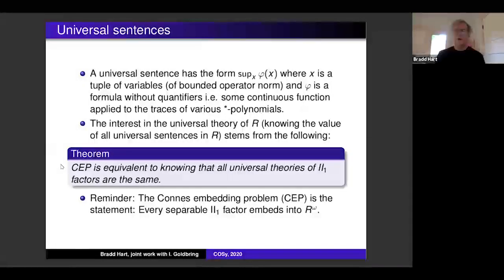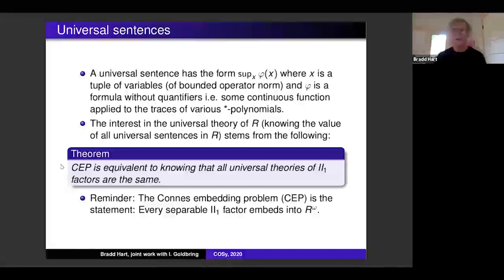So why are we interested in the universal theory of R? When I say the universal theory, I mean if I give you a II_1 factor and ask you for its universal theory, I mean tell me the real number that each universal sentence takes on in that II_1 factor. So the universal theory of R specifies, for every universal sentence, the value that sentence takes on.